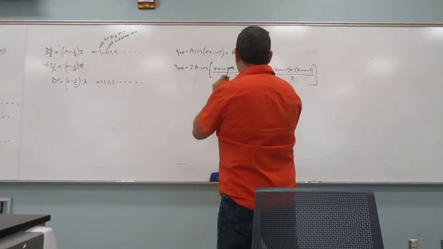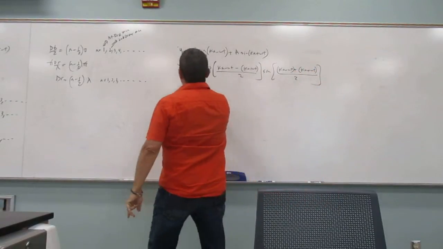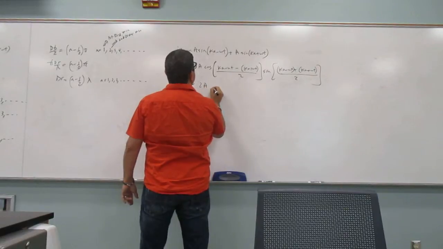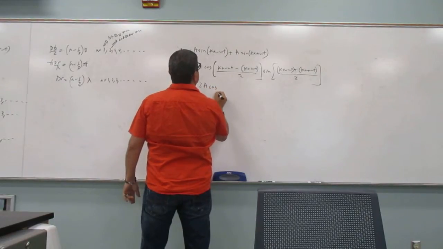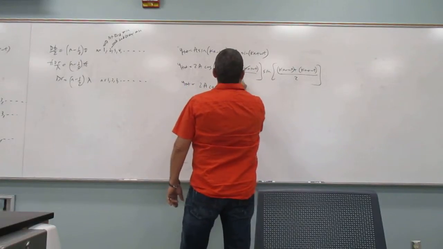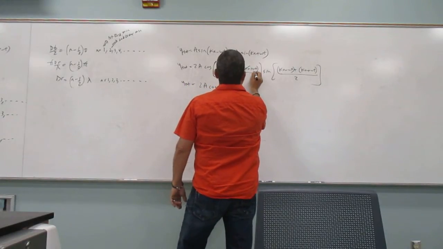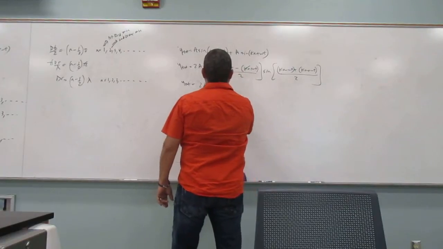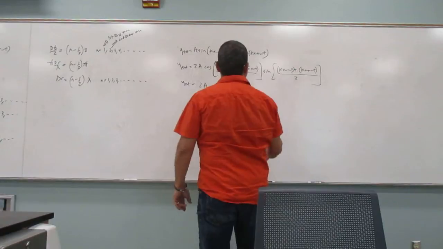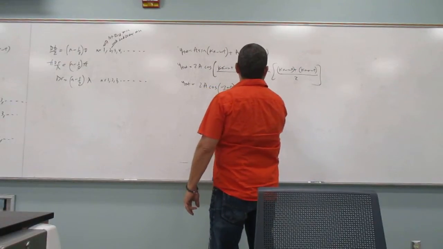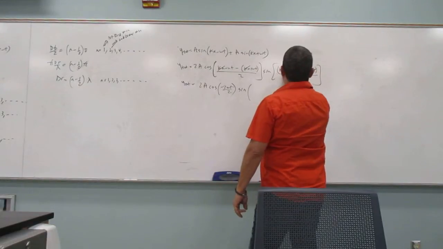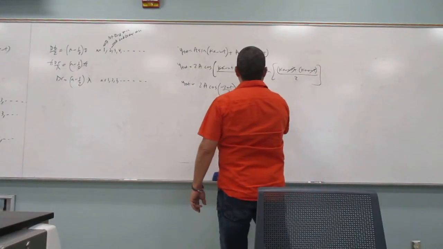There are some similarities and differences. Okay, then you have your 2a cosine of, so now here the kx cancels the kx, omega t minus omega t, so now it's going to have negative 2 omega t over 2. Sine of, then the omega t cancels the omega t, then you're going to have 2kx over 2.